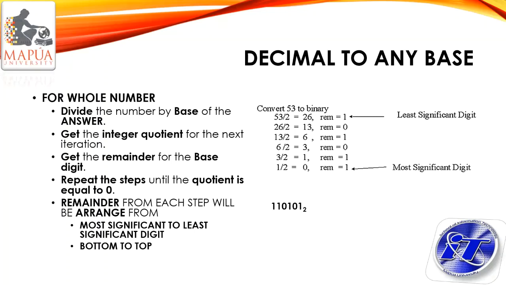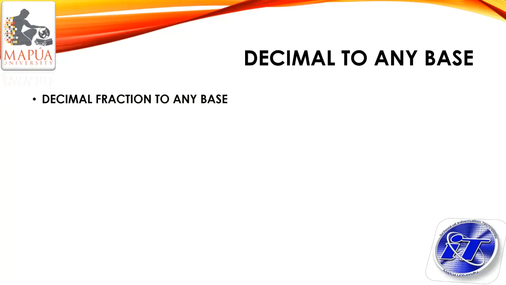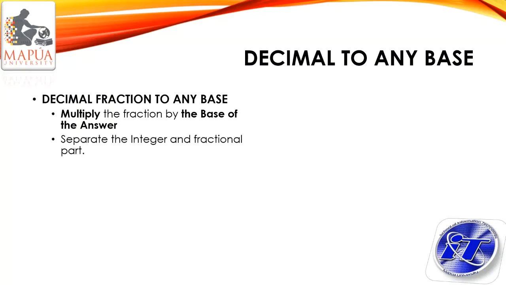Okay, how about for decimal fraction or non-whole number to any base? So instead of divide, we multiply the given by the base of the answer. Every time we multiply, we get a product. Okay, so separate the integer and the fractional part, and the fraction will be multiplied again by the base of the answer, and then separate again the integer and fraction.